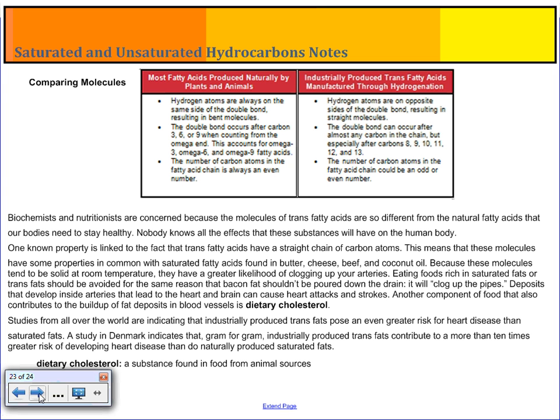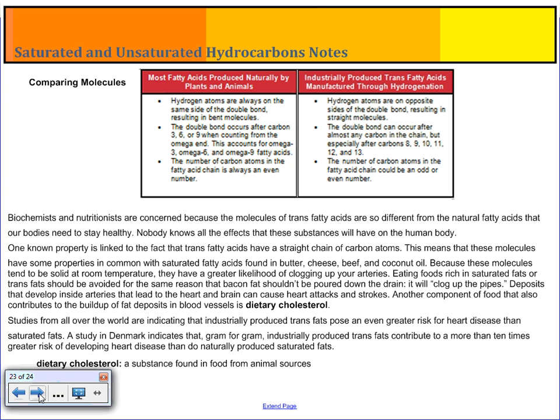But in industrially produced trans fatty acids, the hydrogen atoms are on opposite sides of the double bond, resulting in straight molecules. The double bond can occur after almost any carbon in the chain, but especially after carbons 8, 9, 10, 11, 12, and 13. The number of carbon atoms in the fatty acid chain could be an odd or even number.